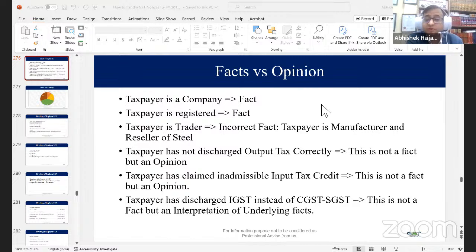You might have received notices where they have said that you had paid IGST instead of CGST, SGST, or you had claimed ITC as CGST, SGST whereas it was an IGST receipt. The claim of ITC was on IGST, whereas you have claimed CGST, SGST. So these are not facts, but interpretational issues.